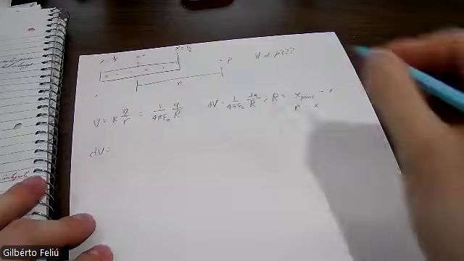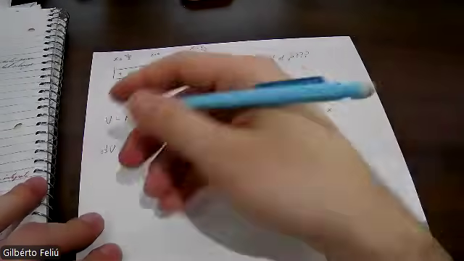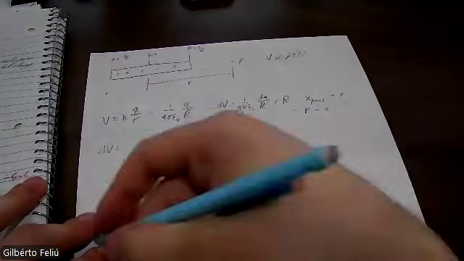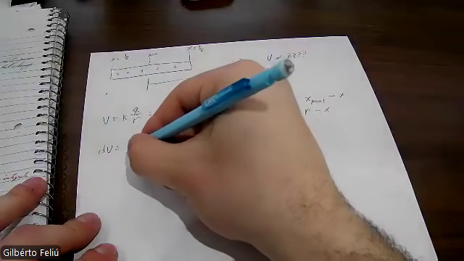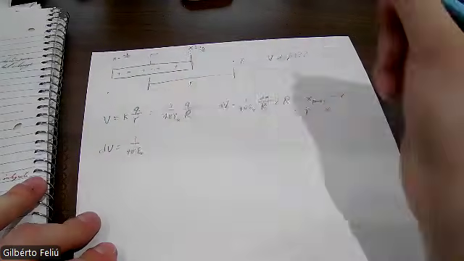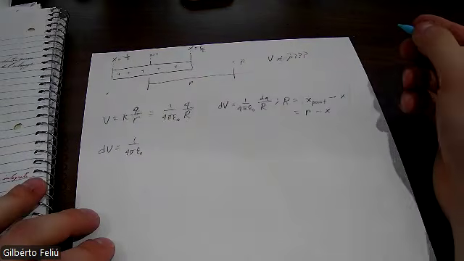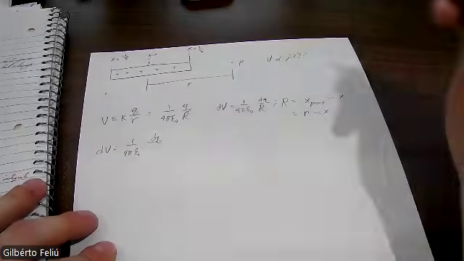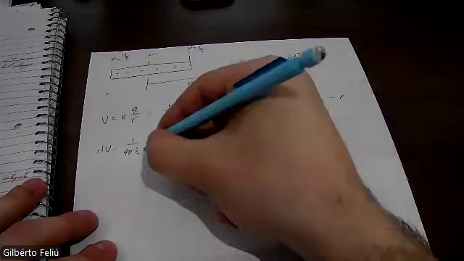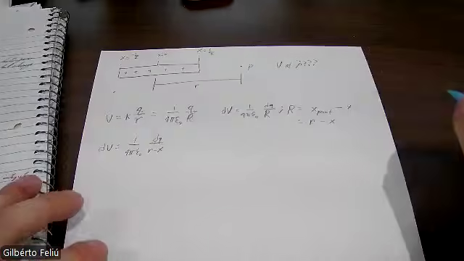To complete dV a step farther, that will give us 1 over 4 pi epsilon, dq over big R, so r minus x.